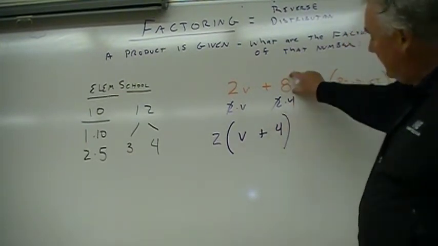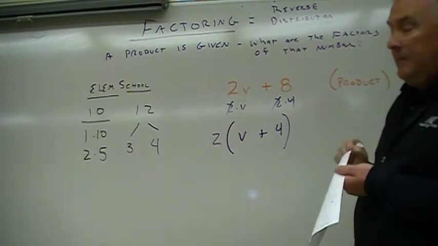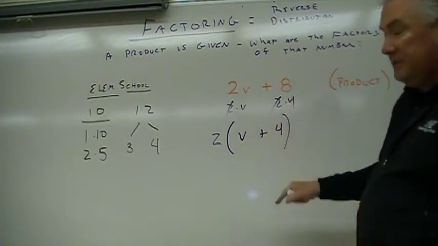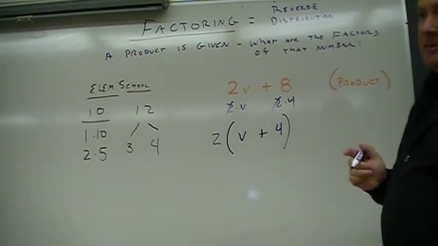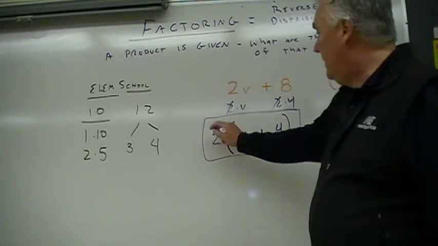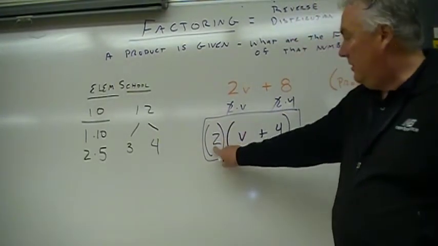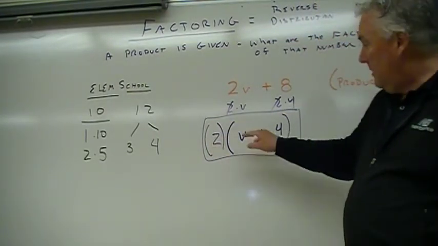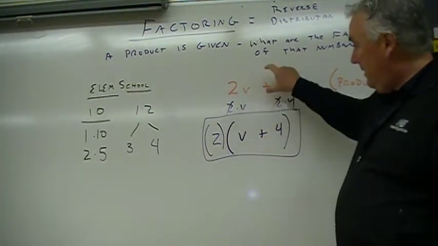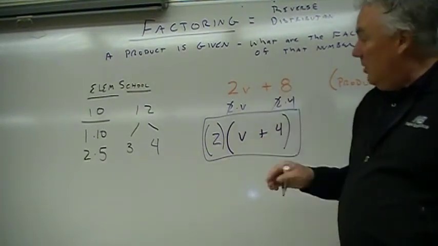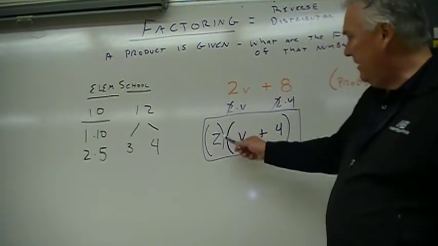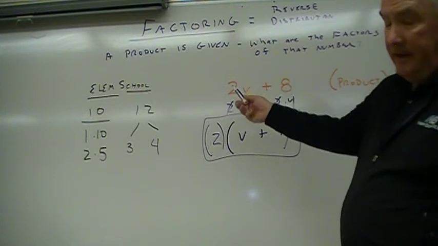Okay? We looked at this 8 and we took the 2 out. 2 times what is 8? Well, 2 times 4 is 8, and that's going to go here. And this is our answer. Okay? Because we have one factor times another factor, and this is what we get. On your last quiz, I gave you something like this, and you distributed to get to that.